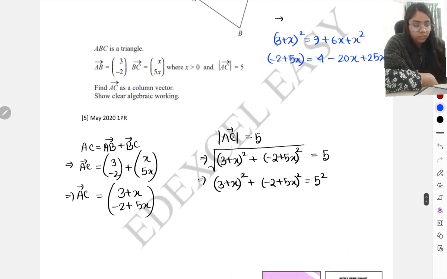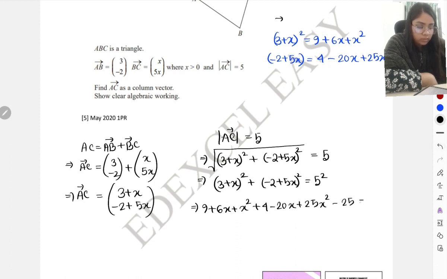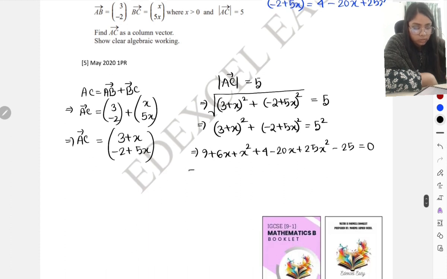So I can just write these values over there into this given space, which is going to be 9 plus 6x plus x square, and again plus 4 minus 20x plus 25x squared equals 25. I'll just write everything at the left hand side, and I'll arrange this now.